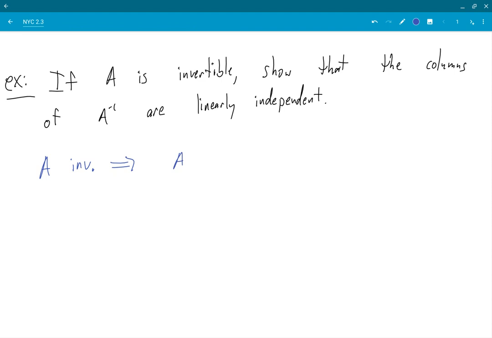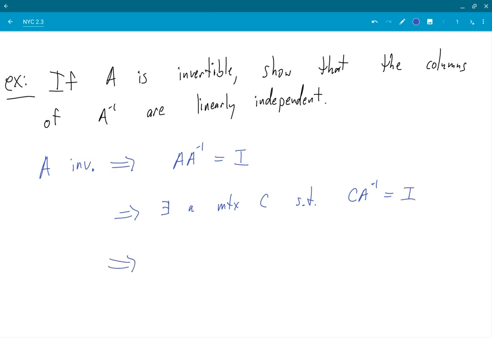Means that A times A inverse is equal to I, which implies that there exists a matrix C such that C A inverse is I.